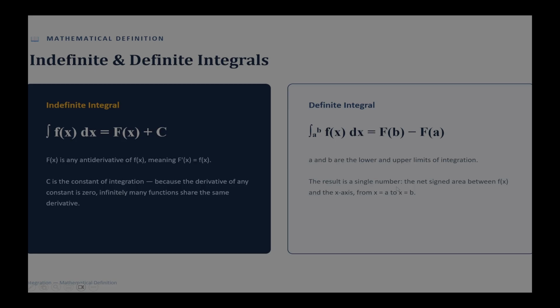The result is a single number. We call it the signed area between f(x) and the x-axis from x equals A to x equals B. The signed area might be negative, so we'll talk about negative and positive signed area. A geometric area is always positive.